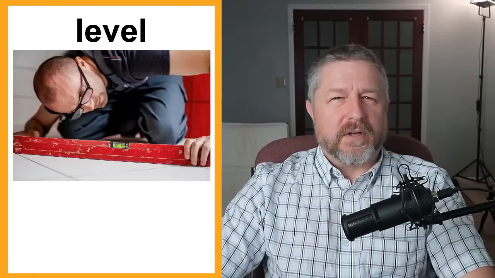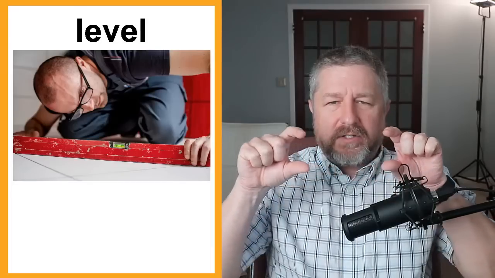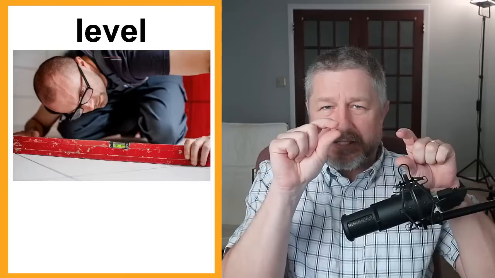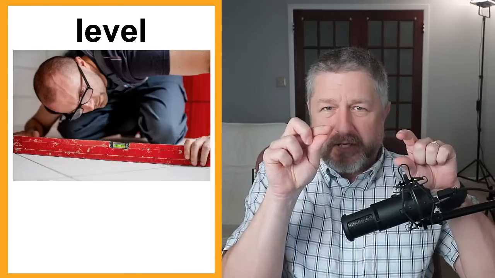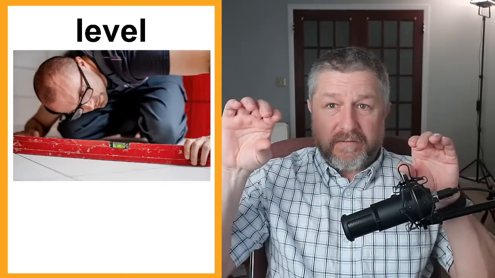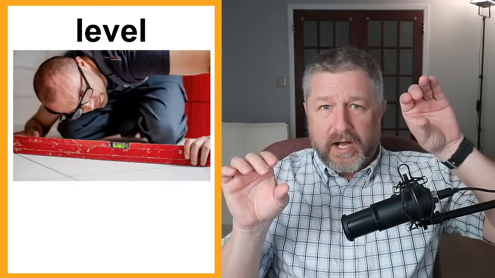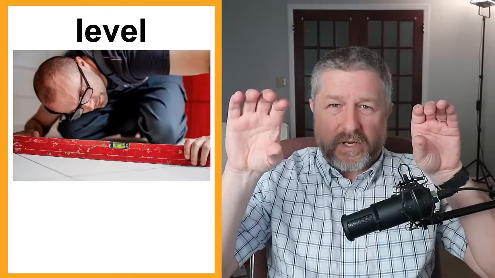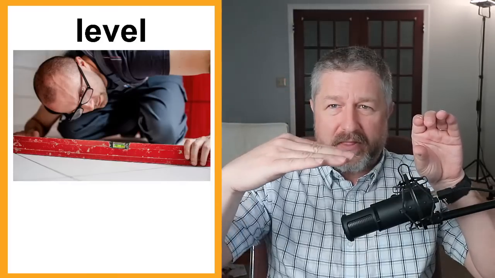You have something called a level. And what a level is, it's a long, straight piece of material, and it has little glass sections with a bubble in it. And if the level is too high one way or the other, the bubble goes to the top. And so you want to use the level to create things that are completely flat or level.